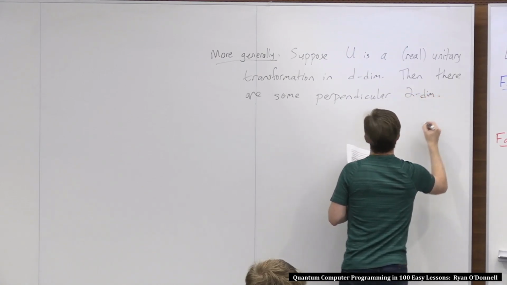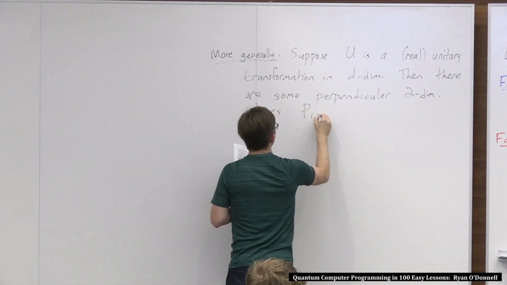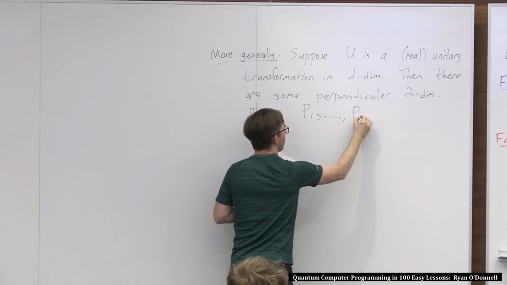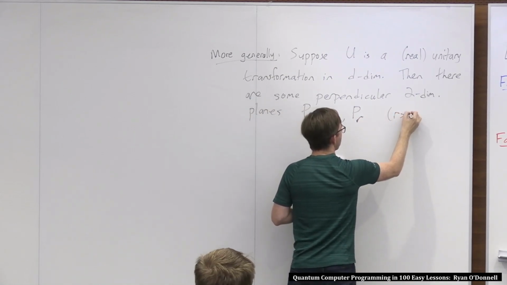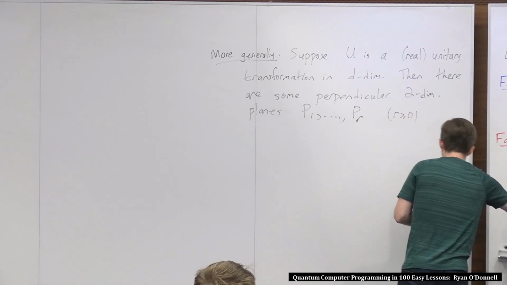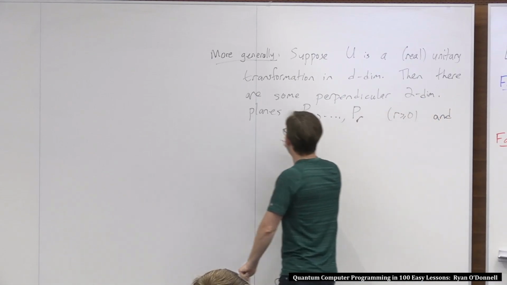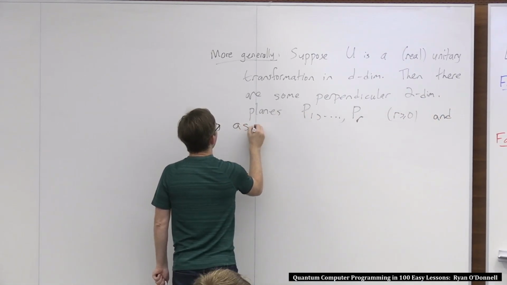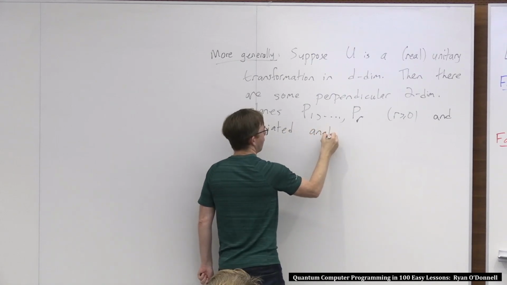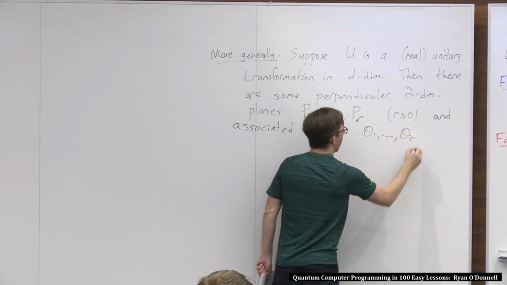Two-dimensional planes, which I'll call P1 through PR. R will be the number of these planes, so R is at least 0. And associated angles, which I'll call theta. It's a popular name for an angle. Theta 1 through theta r.